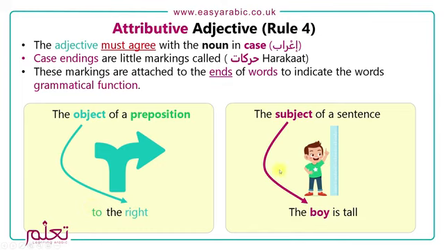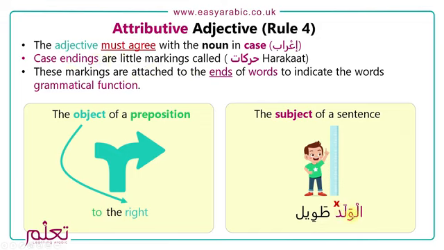So this is just an example of what a case is. Okay, and I'll go through and give you an example of this in a minute. So here we'll say al-walad tawil. Al-walad tawil. Okay, so the boy is tall. One thing you notice is that we talked about the case endings. So what happens?